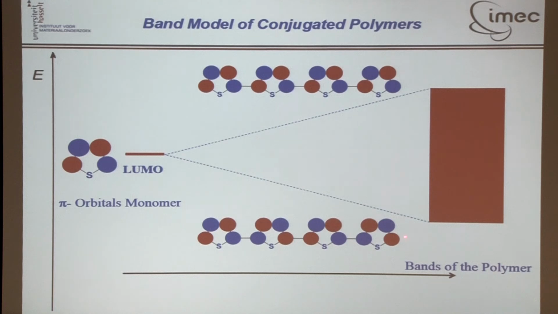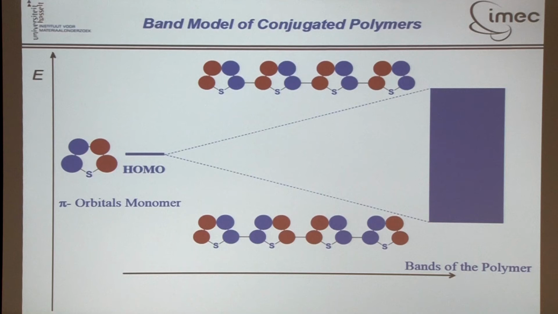This is the totally bonding combination. If you look at the top, you see the totally anti-bonding combination. And in between you have all the possible permutations with a low number of anti-bonding interactions and a lot of bonding interactions, or a large number of anti-bonding and not so many bonding interactions. And the same is true for the HOMO.